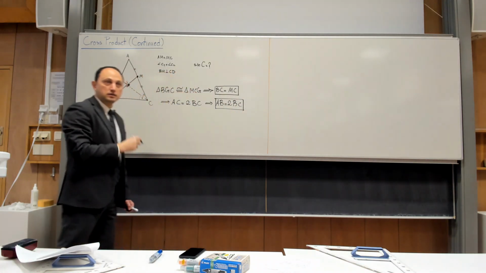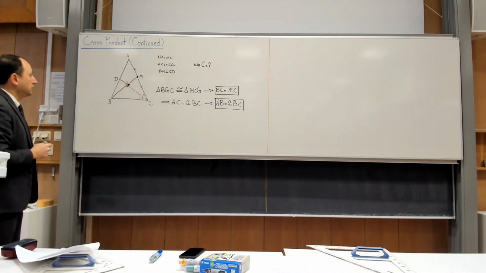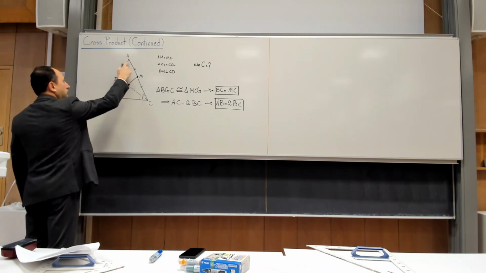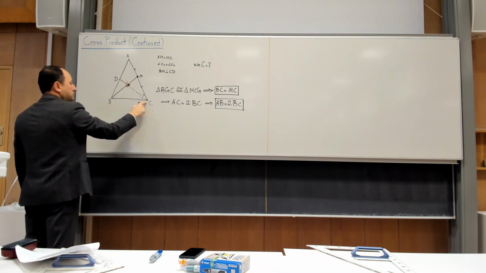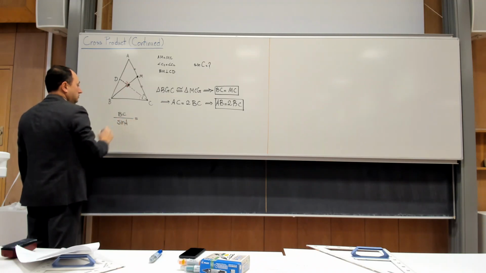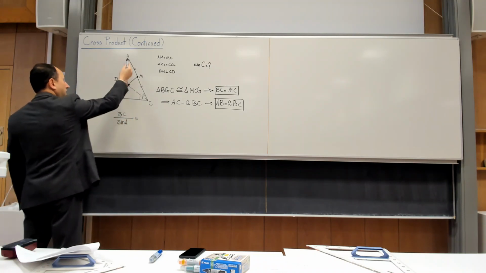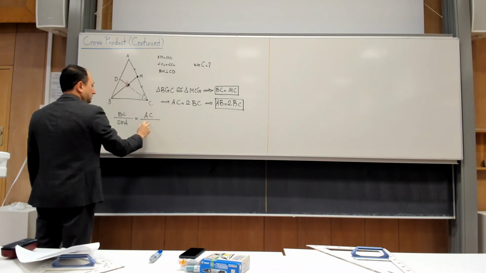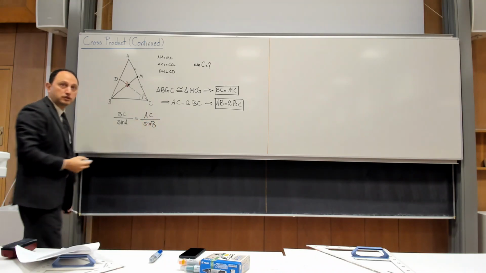Is that understandable? Okay, and then what we do, we can write the sine rule for this angle and its opposite side, writing BC divided by sine A is equal to AC divided by sine B. Agree? Is that okay?